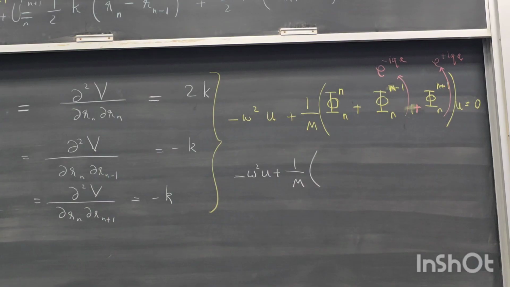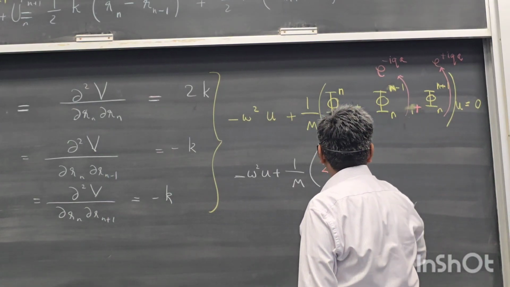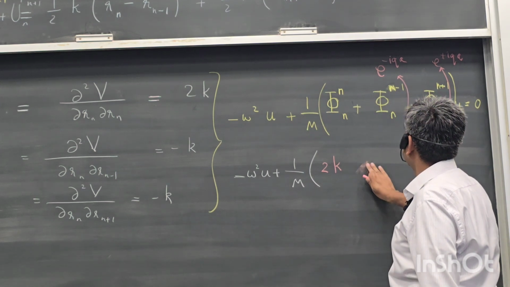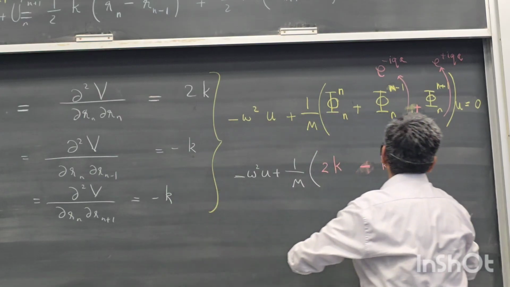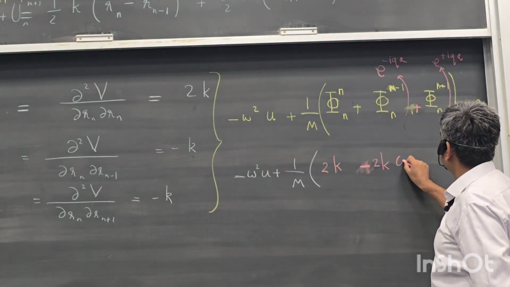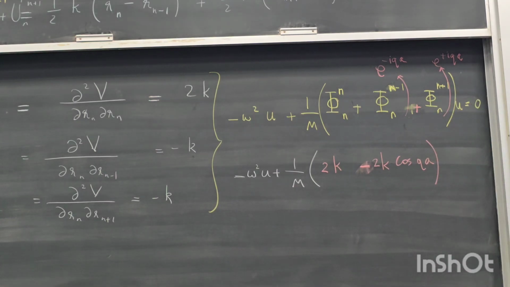Okay, so this term is 2k plus, in fact, minus this minus here, k into the sum of these terms, which is 2 times cosine of Qa, u equals 0.